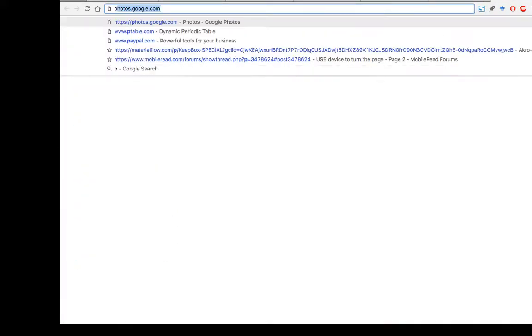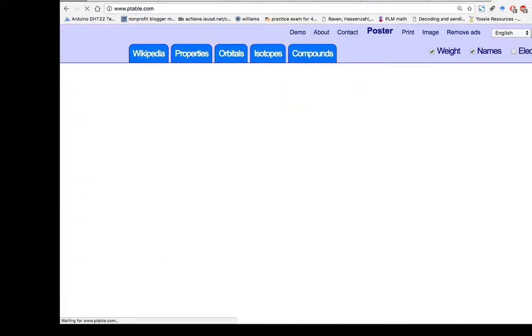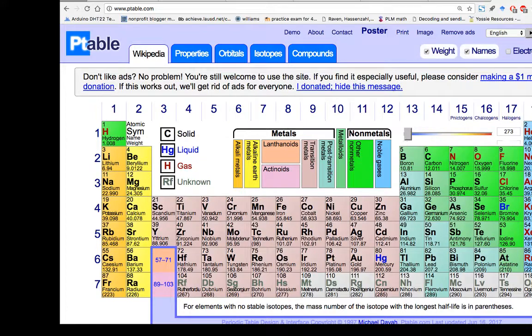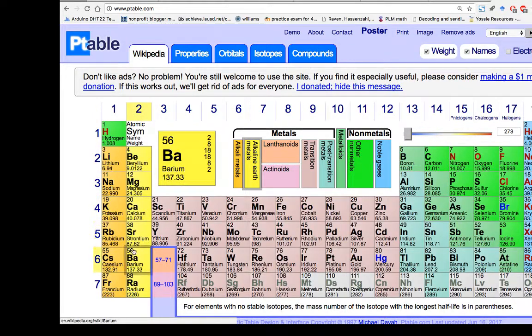So let's see, ptable.com is a convenient periodic table to use, and that first one was barium. It's right here. Everything on the left side of this periodic table is a metal. All these yellow things, these pink things, these teal colored things, these are all metals, folks. See, aluminum, a familiar metal.